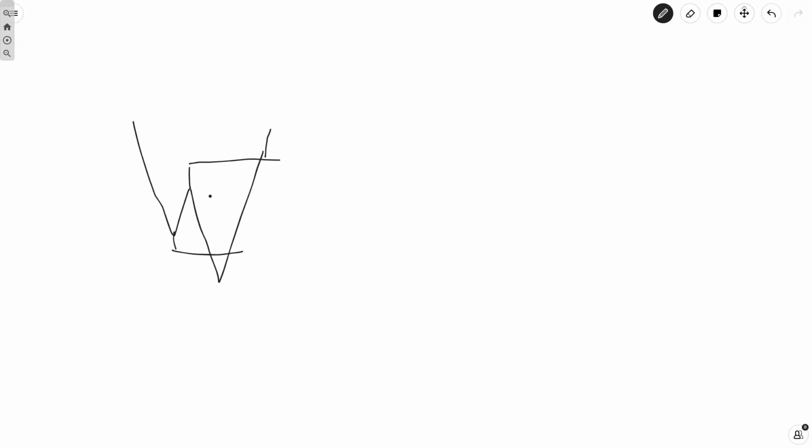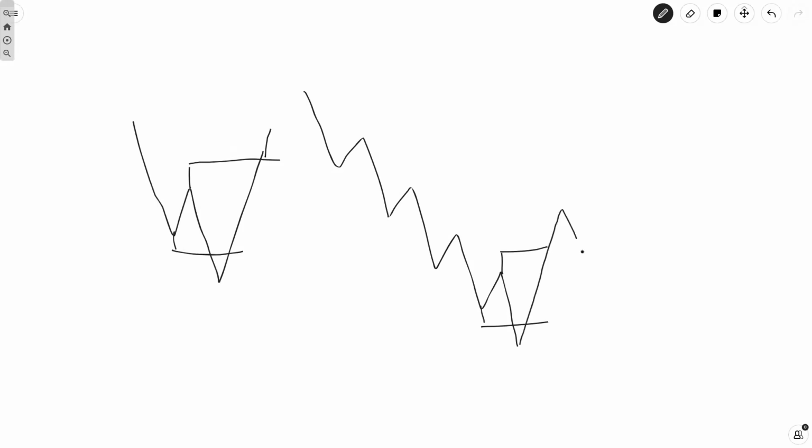So the previous structure or the previous direction was bearish. So in order for the bearish to change direction, we need price to start validating new structures in the opposite direction. So we need to see price start validating structures to the upside, which means we need the bullish structure in order for us to change the direction of the market.